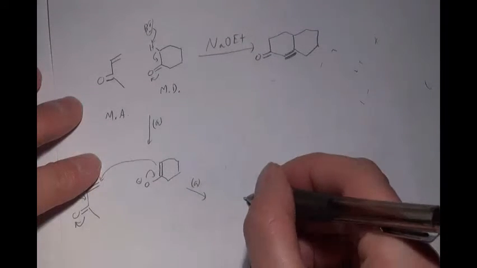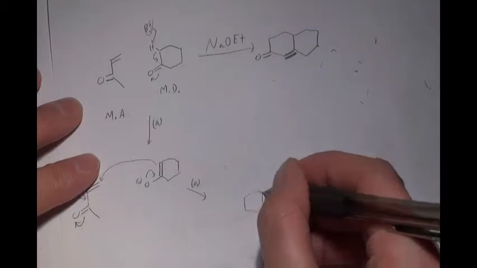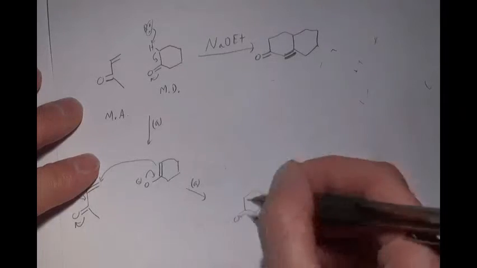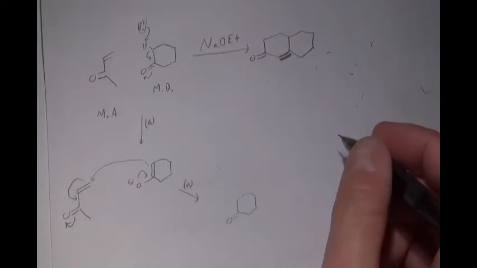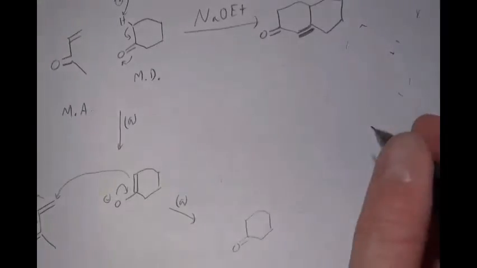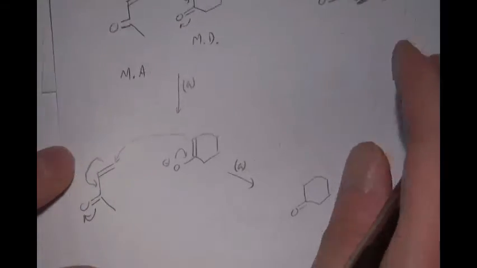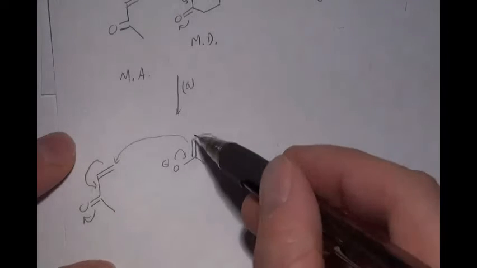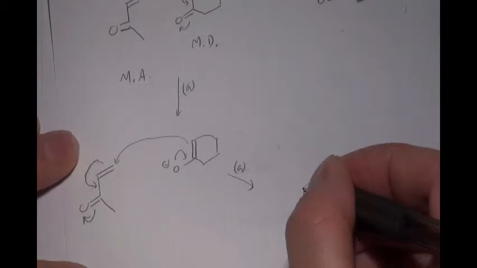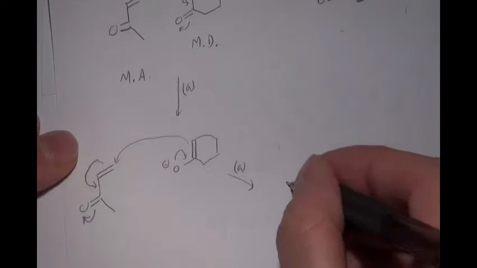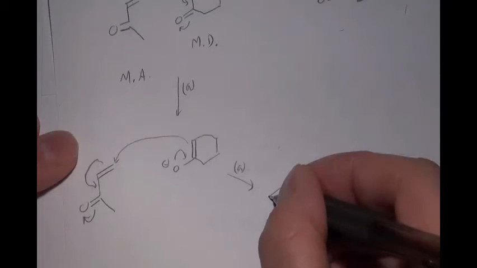Now, what do we got? The Michael donor part is now a ketone. And what's attached to that ketone? It looks like the enolate now attached to the Michael acceptor. So it goes carbon, carbon.